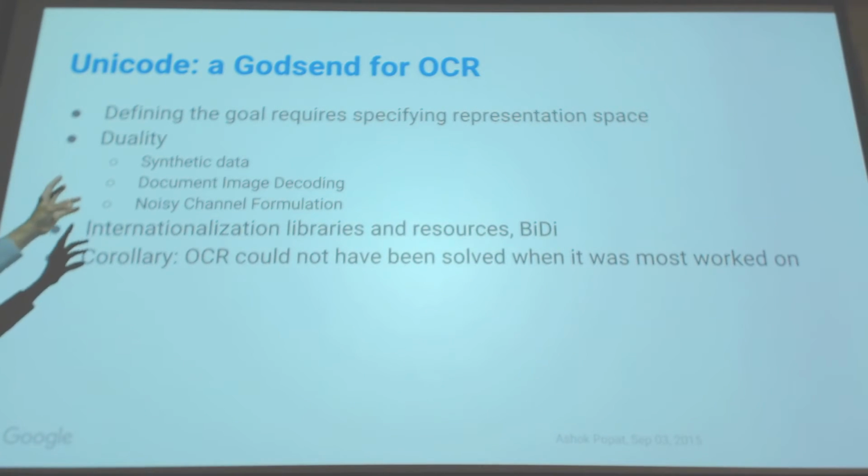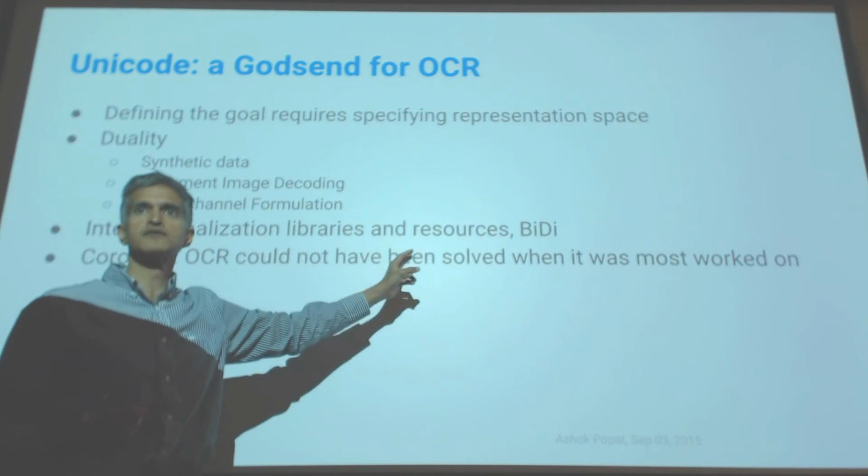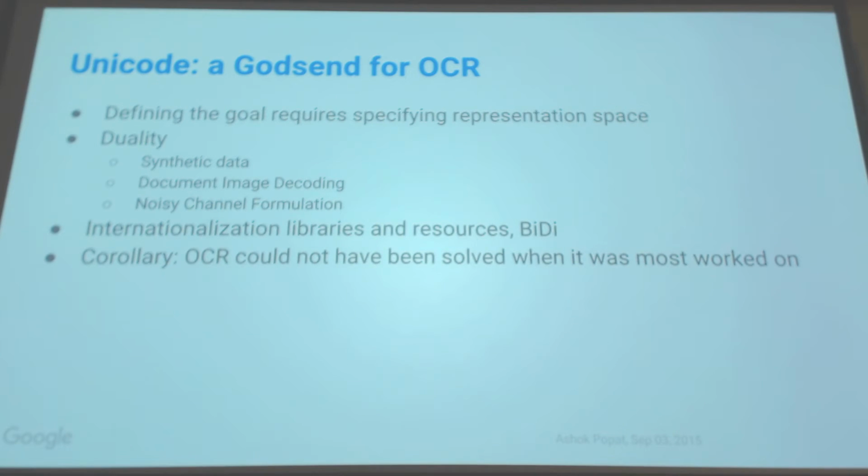Getting Unicode sorted out and also the typesetting really forced a good understanding of some of the internationalization issues, bidirectional and other issues, that otherwise would have been just too much for a small group at Google, or even a large group probably, to figure out on its own. So we can leverage a lot of that stuff.